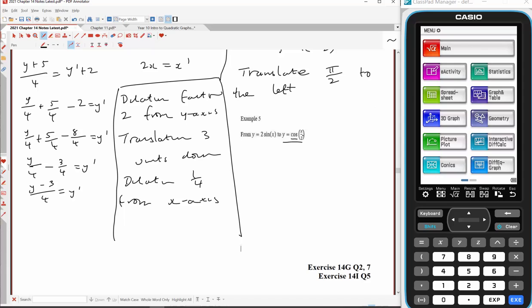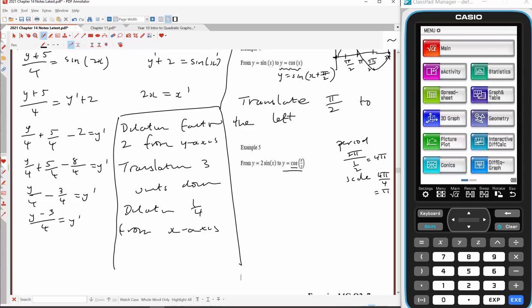All right, so let's just think about the period here. The period of this one is going to be 2 pi over a half, which is 4 pi. The period of the sine graph is going to be 4 pi over 4, which is pi. Right, now with the other question, what we did was we made this cosine graph using plus pi on 2.